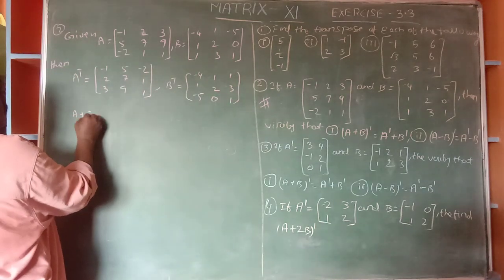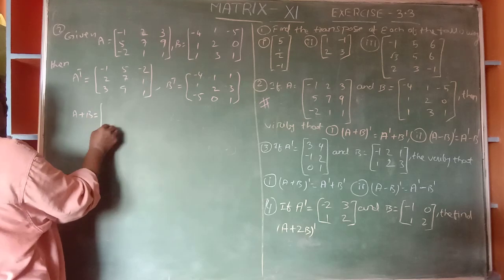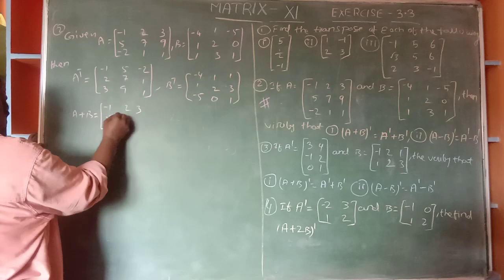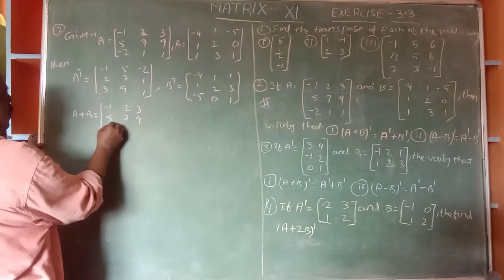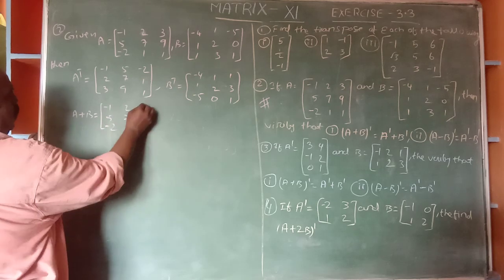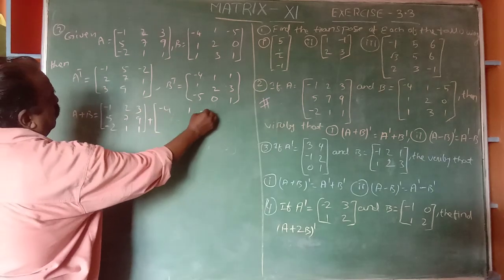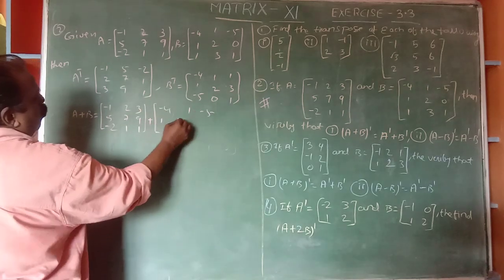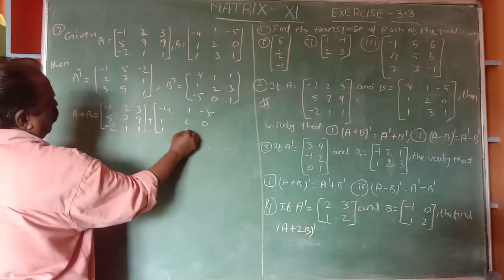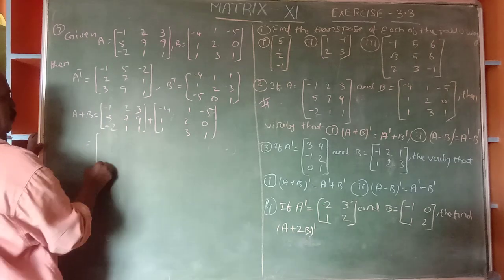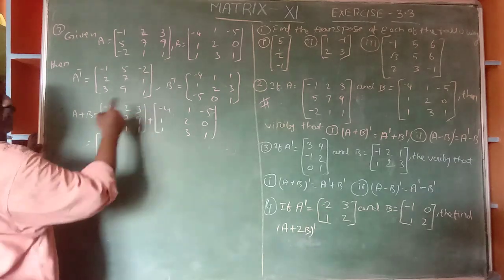A plus B. What is A plus B? A is minus 1, 2, 3; 5, 7, 9; minus 2, 1, 1. And B is minus 4, 1, minus 5; 1, 2, 0; 1, 3, 1. You add the corresponding elements.